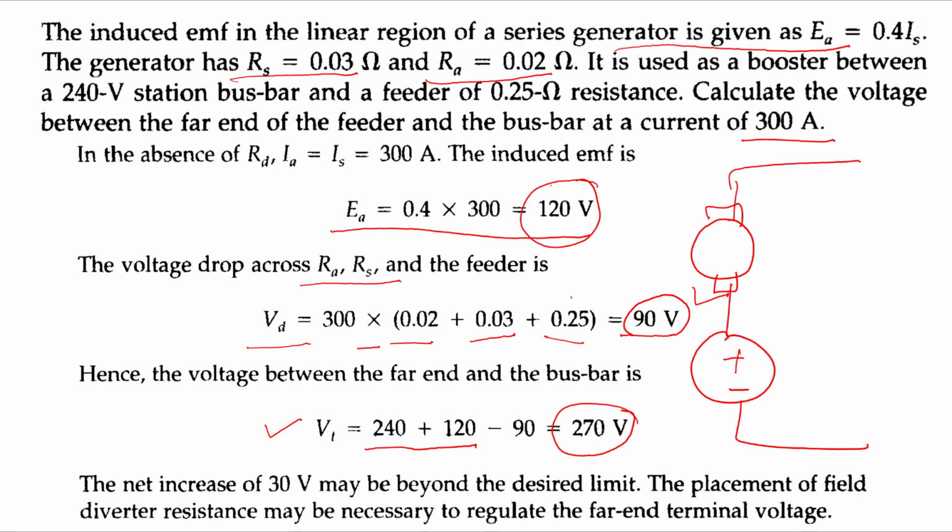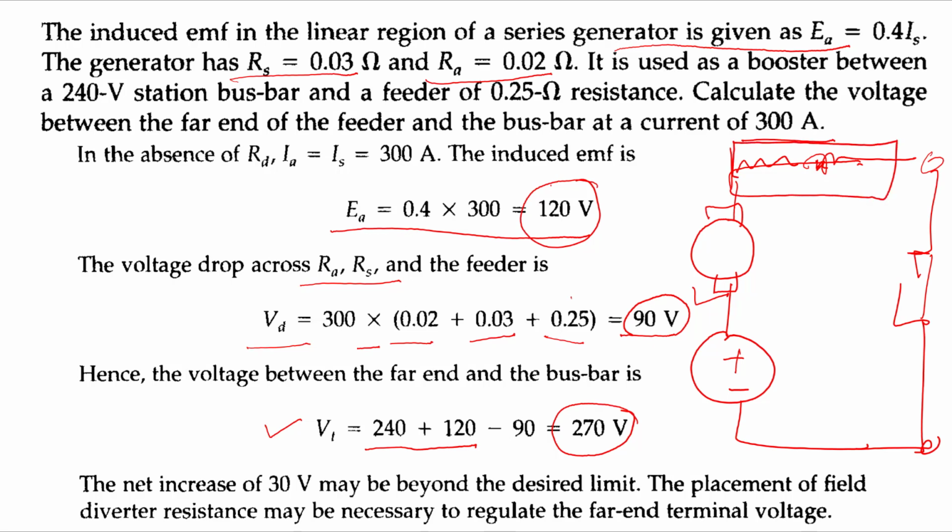The voltage drop is here in the resistance, right? We are finding the terminal voltage which is connected to the load. The voltage drop is in this area. Clear? So do we have any doubt in this problem?